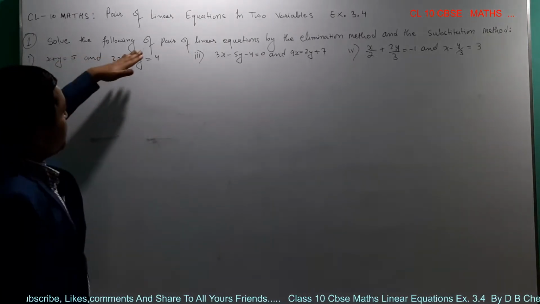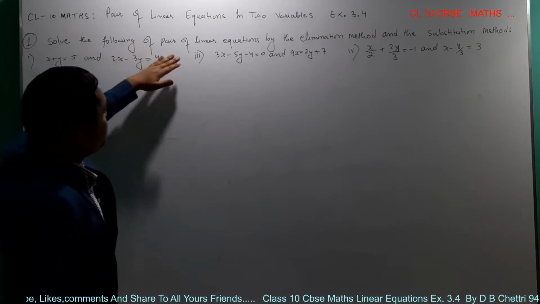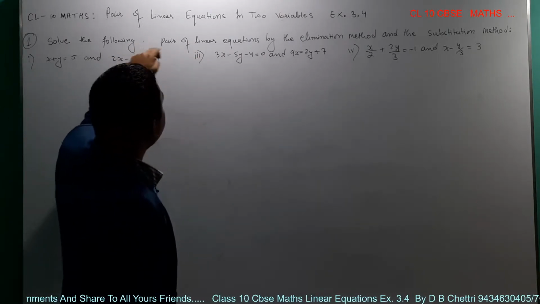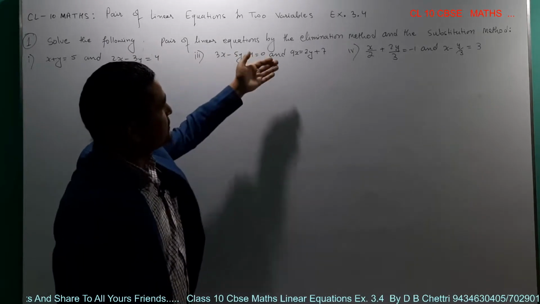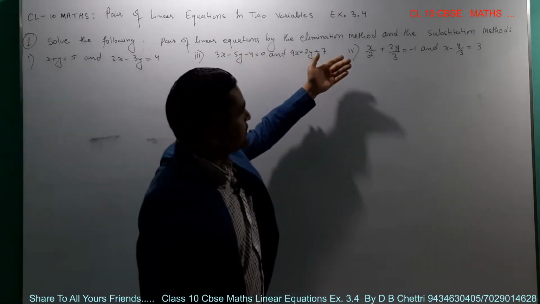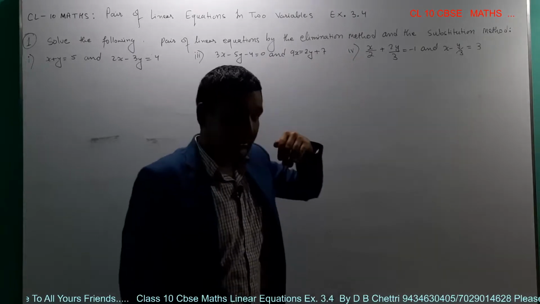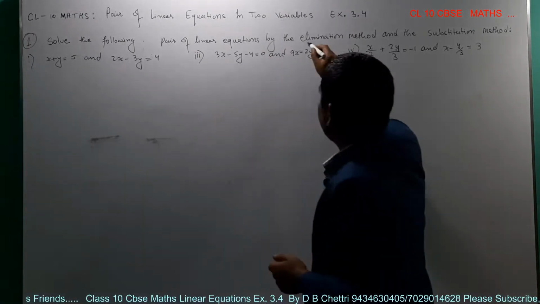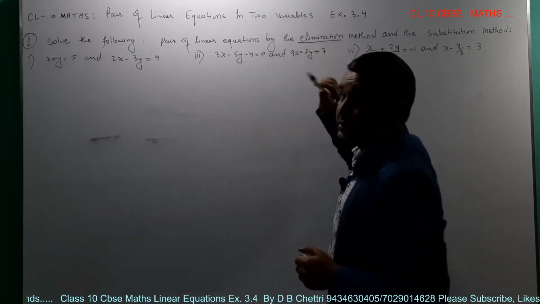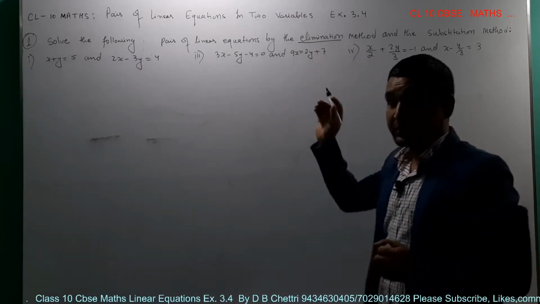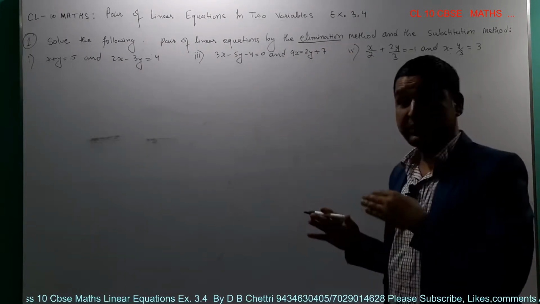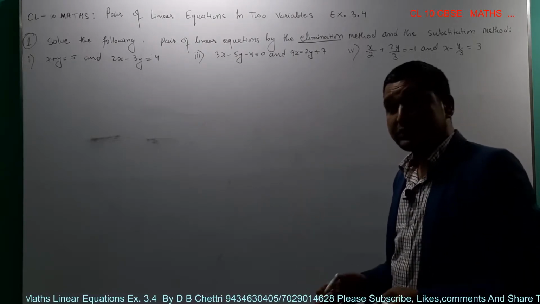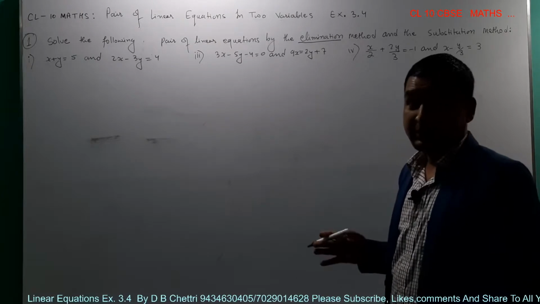Solve the following pair of linear equations by the elimination method and the substitution method. Today we are going to learn the elimination method, not the substitution method, because we learned the substitution method in the previous exercise. We did all the questions of the previous exercise by this method.